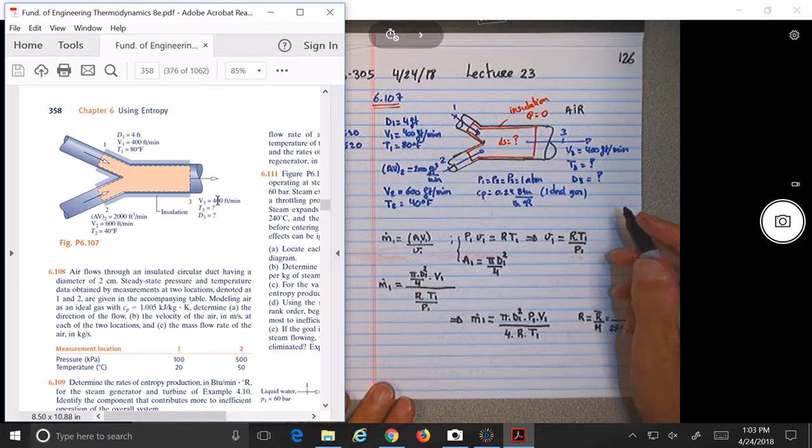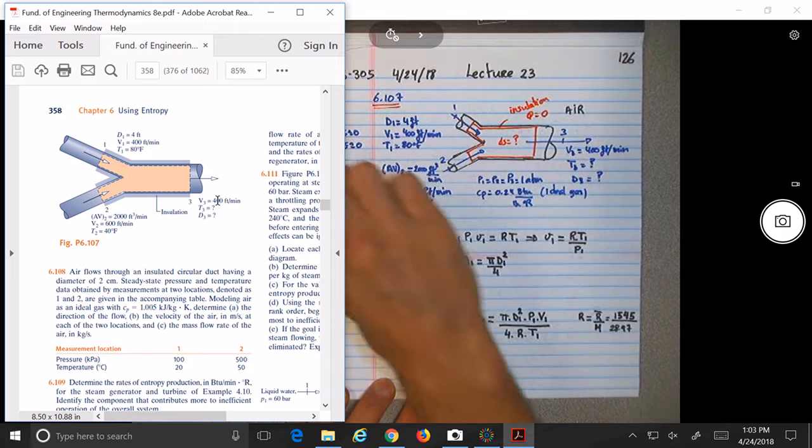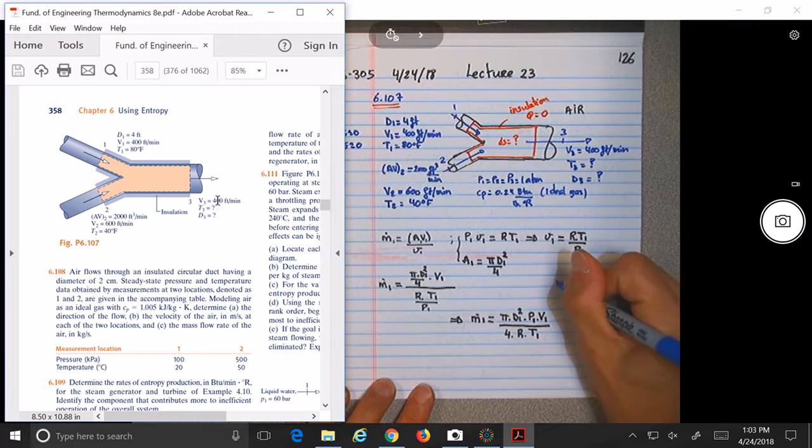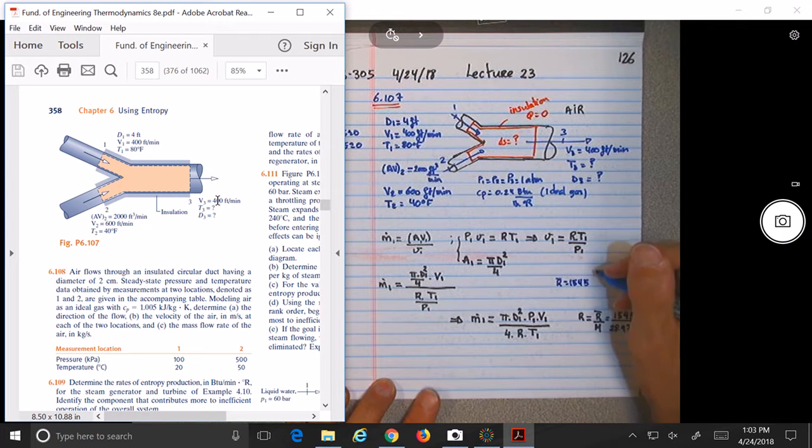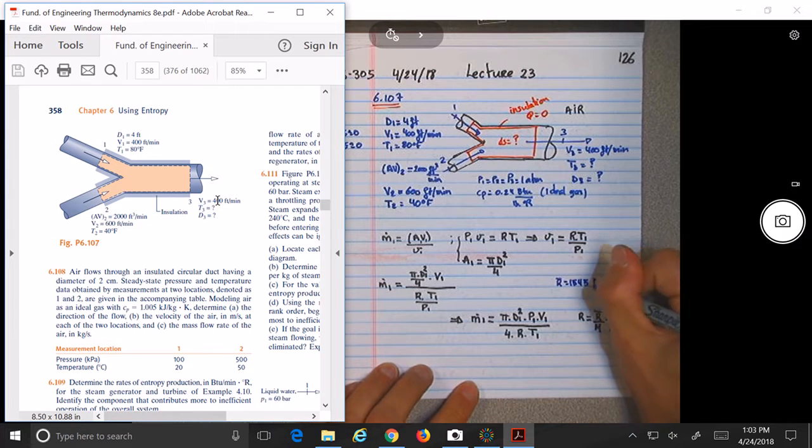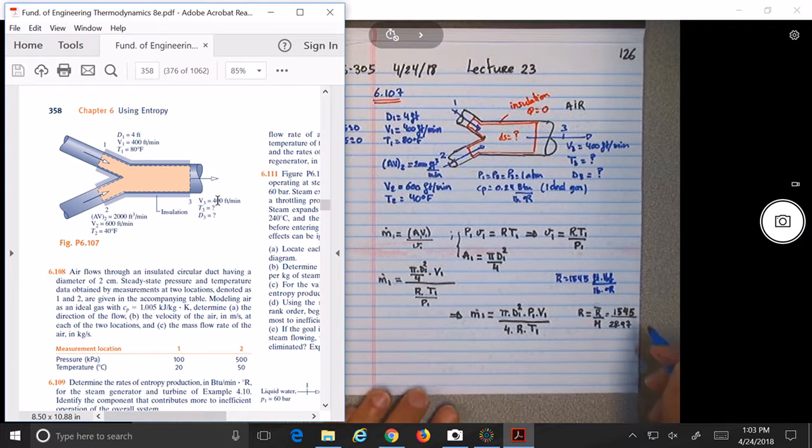So I think that's the 1,545. Let me put it over here. R bar is 1,545 foot lbf divided by lb Rankine.